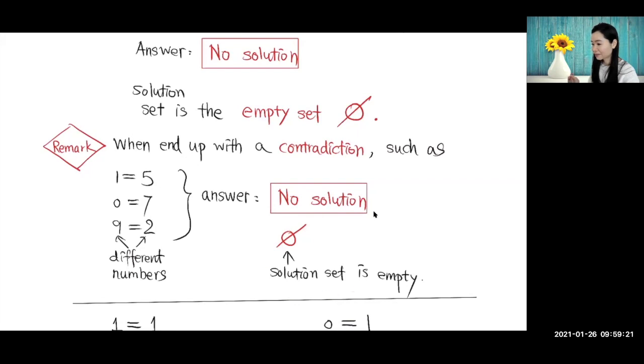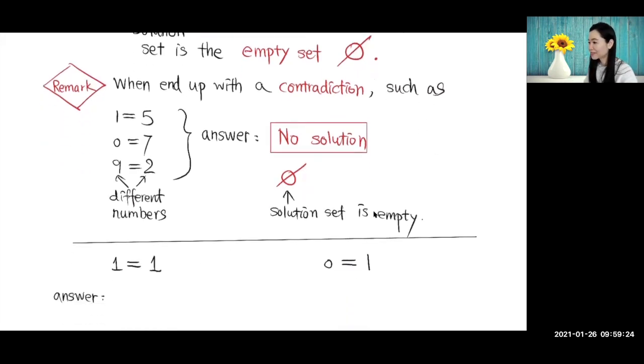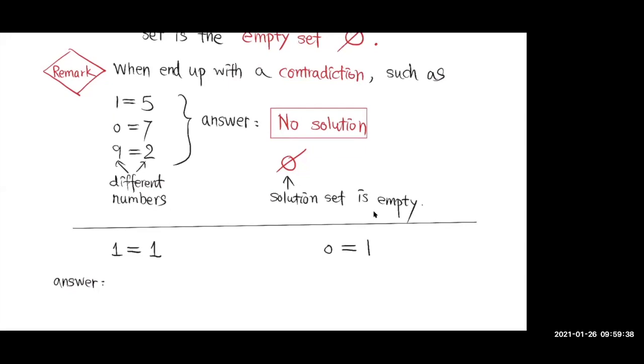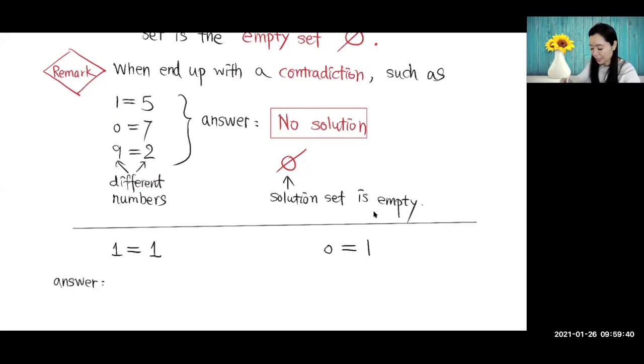That's the empty set. So I'm going to test you guys, to see if you understand this. I have two equations here. Is this equation here an identity or a contradiction? Identity. Yes, this is an identity.